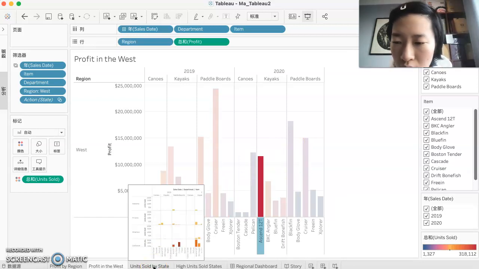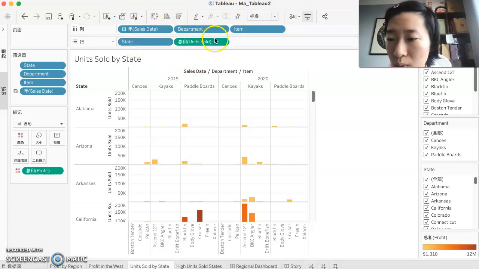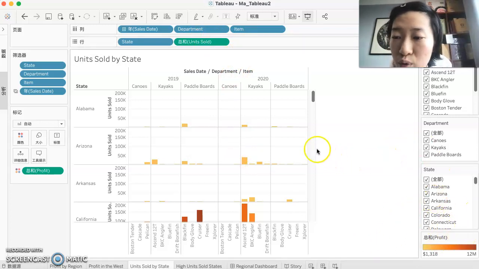Now let's look at the third sheet, which is units sold by state. The column of it is the same as previous, but this time the row is state and sum of units sold. And the darker color of the bar, the higher sum of profit.